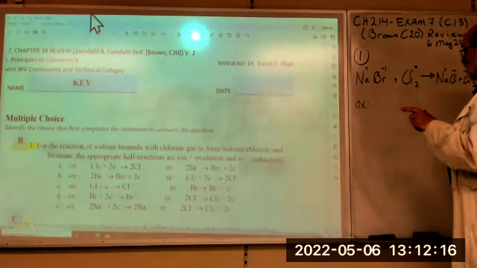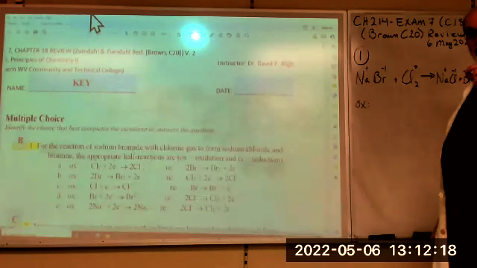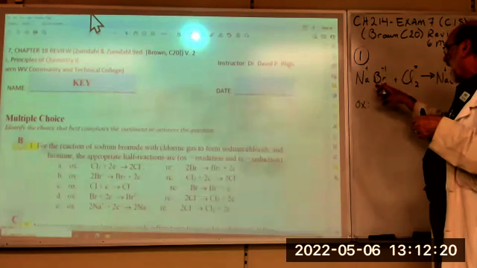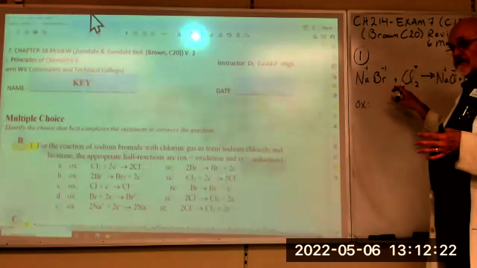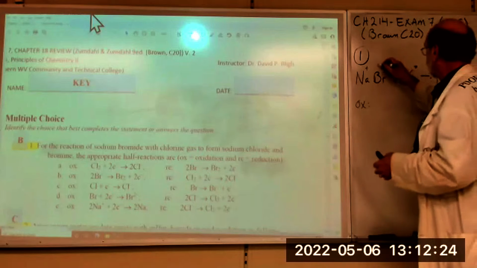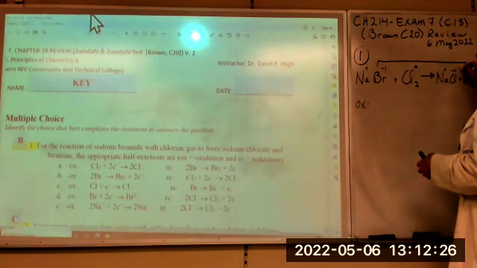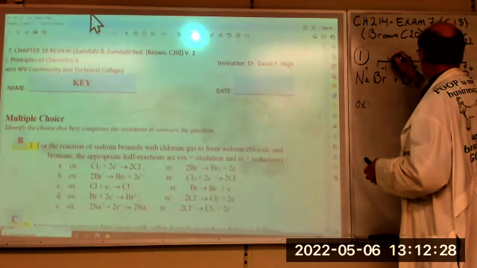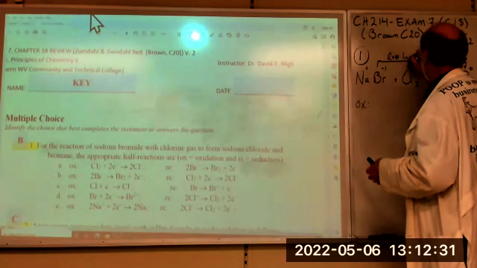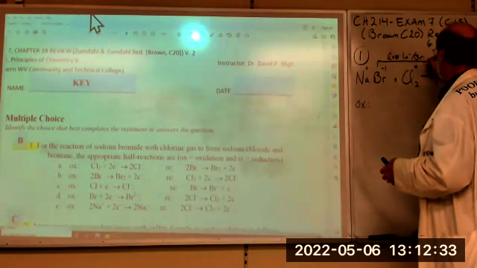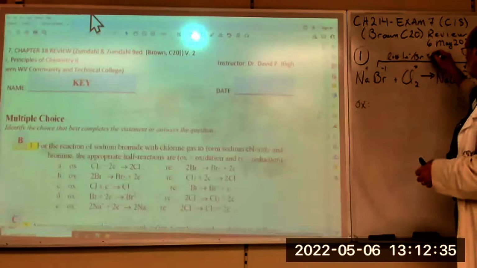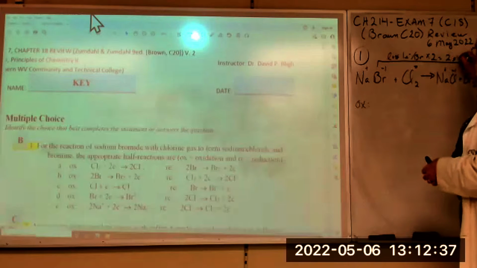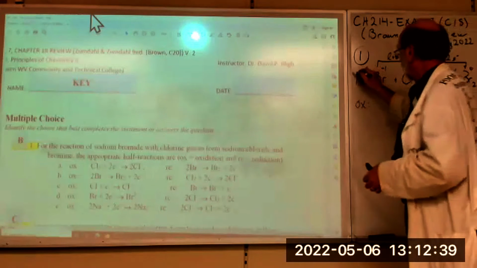What we have to do is balance the equation for atoms and for electrons. So we're looking at loss of 1 electron per bromine, but we got 2 bromines. So that's 2 electrons. And that means we need 2 here.